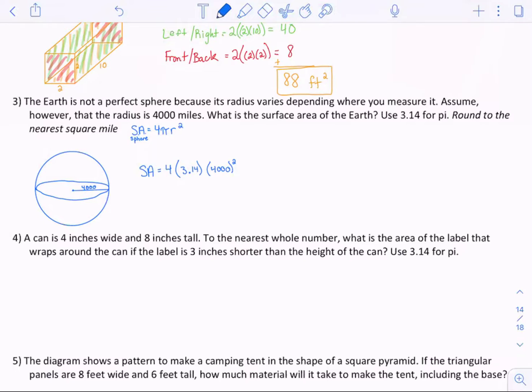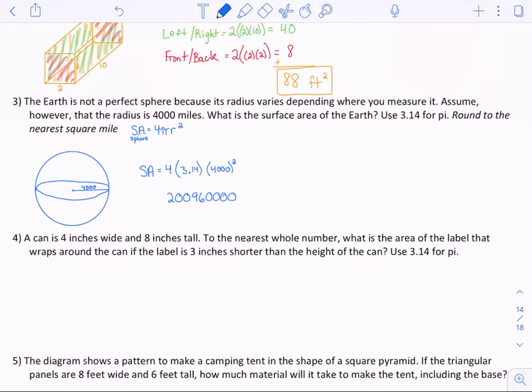And it would help if I turned my calculator on before I try to put this in. Okay, I'm getting, ready for this number? First we'll read the numbers and then we'll try to read it properly. 200960000.